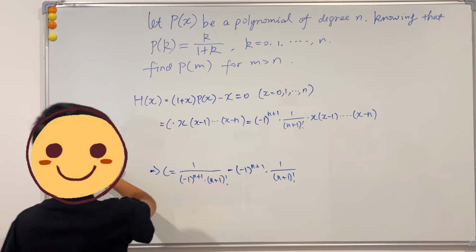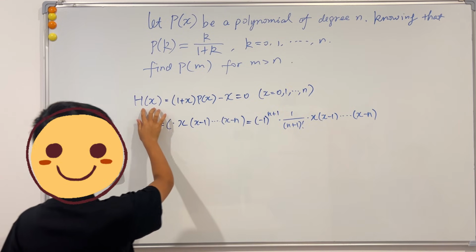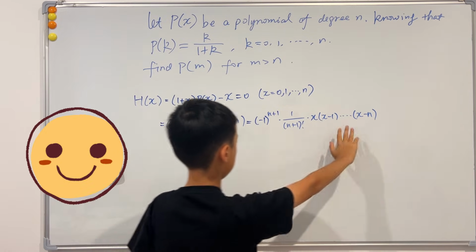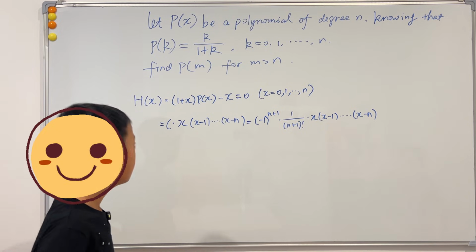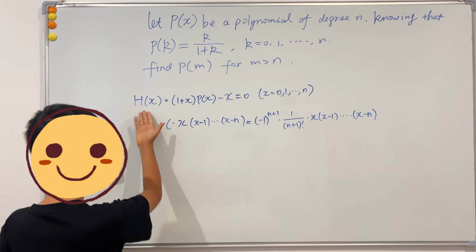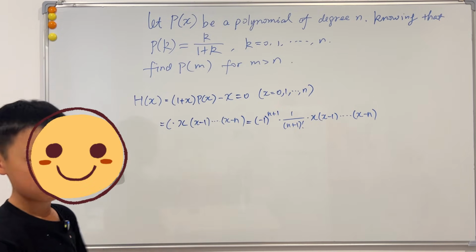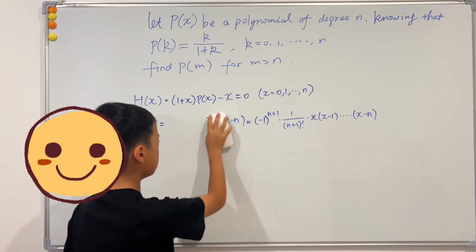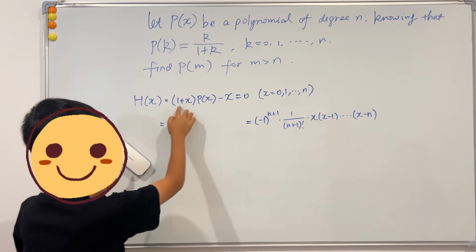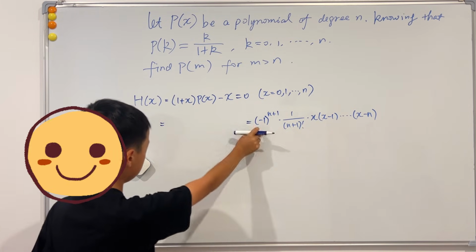So I can rub this out. Now we see that this h of x is equal to this. Okay, now what do we do? Well, first of all, we see that h of x is this, right? And we want to figure out p of n, right? So the first step I'm going to do is I'm going to replace this with just this, right? Because h of x is this and is equal to this.